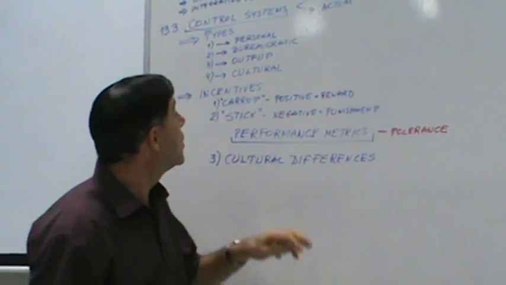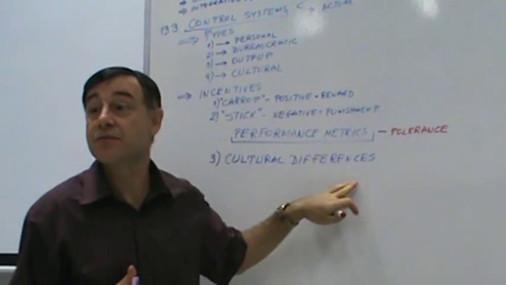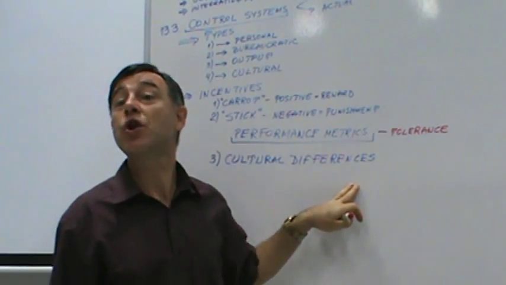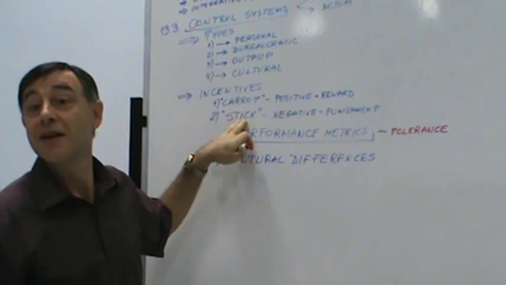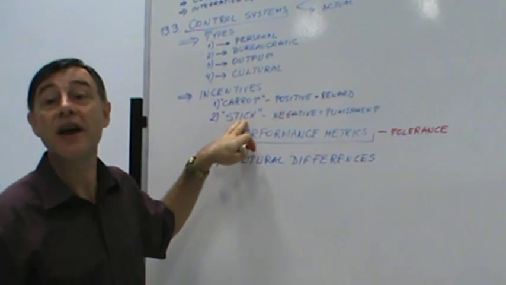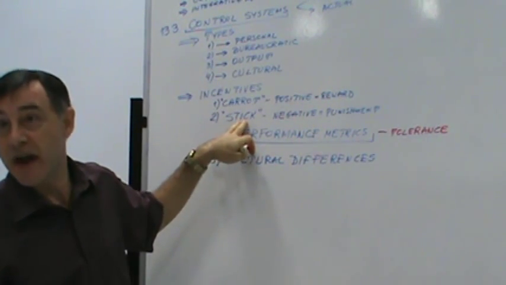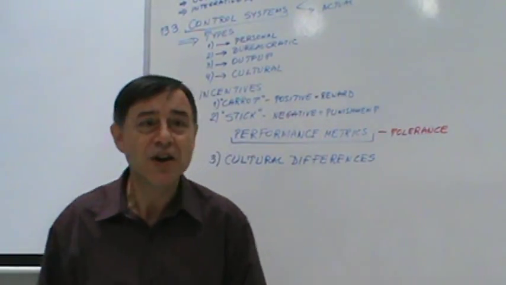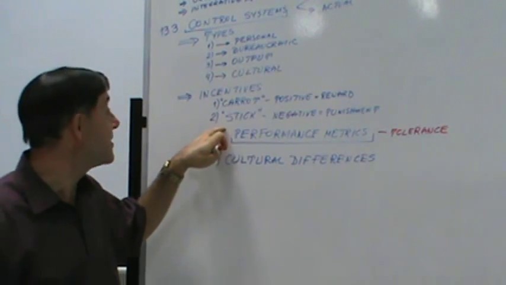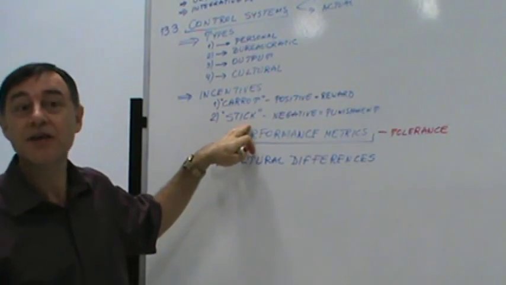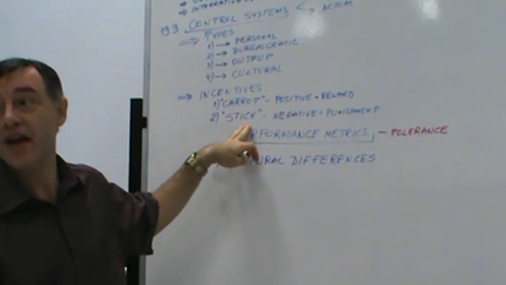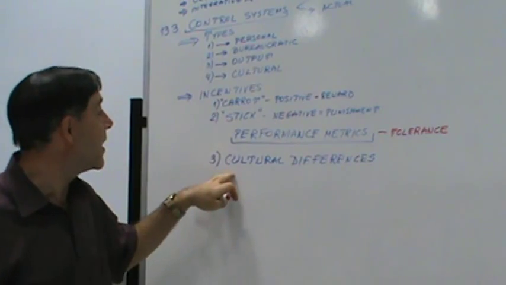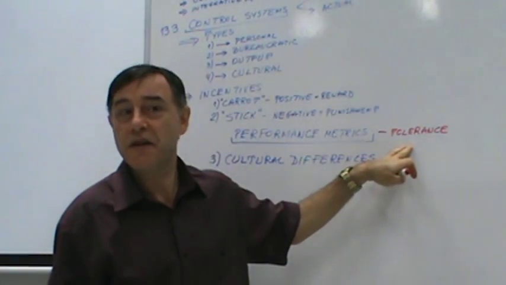You need to adjust control systems to different cultures. Some cultures don't tolerate a lot of penalties. They don't like the idea of penalties. And sometimes they struggle hard to design incentive systems without penalties, and most of the time they typically fail, because these types of systems without penalties are doomed to fail.